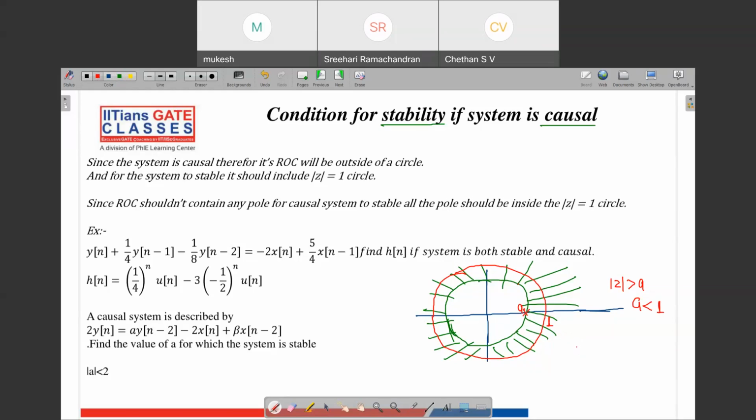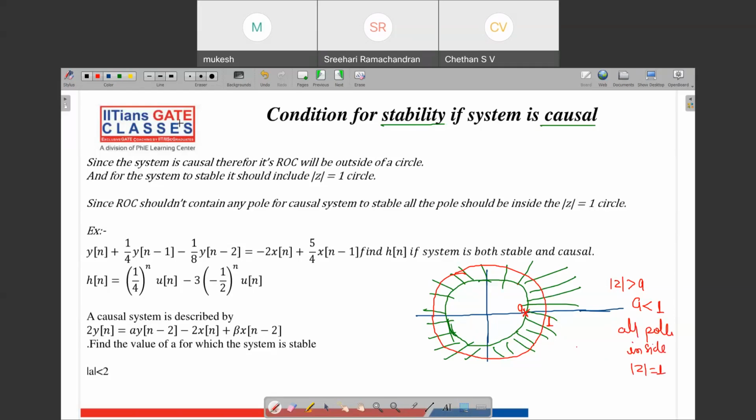Now if we have a system where all the poles are inside the z equal to 1 circle, then definitely when you plot the ROC, it will start from that pole and go towards infinity, and in that case it will contain the z equal to 1 circle. So I will take two scenarios. The first scenario is that all poles are inside the z equal to 1 circle.